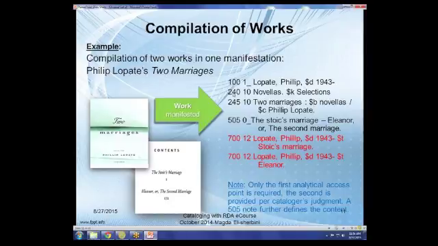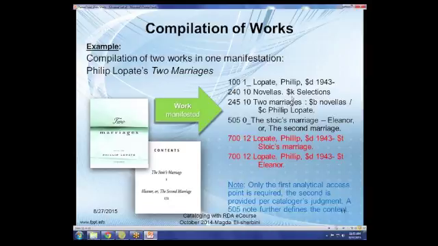So this field 240, which is the uniform or preferred title field, allows patrons to search for not just a particular manifestation with the title Two Marriages, but to search for a range of novellas by Philip Lopate.